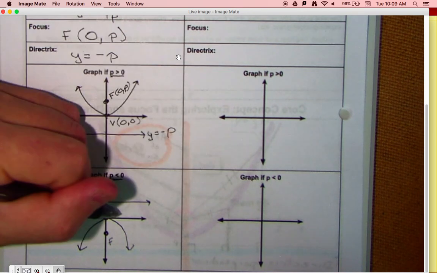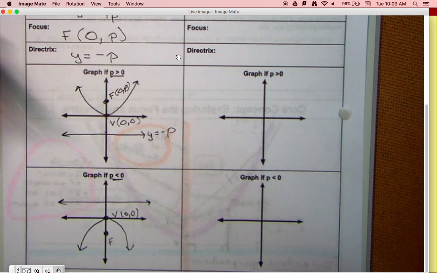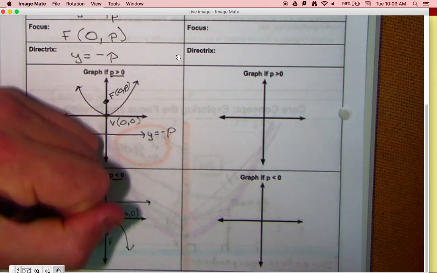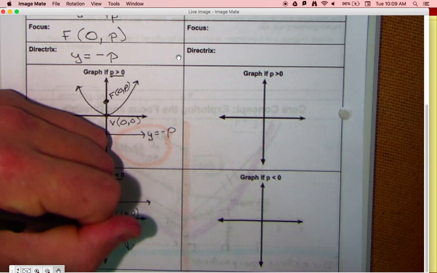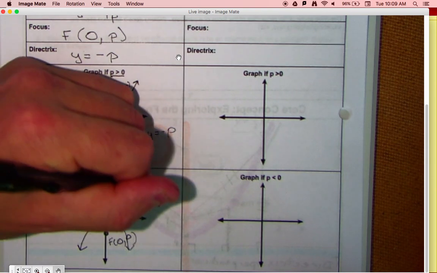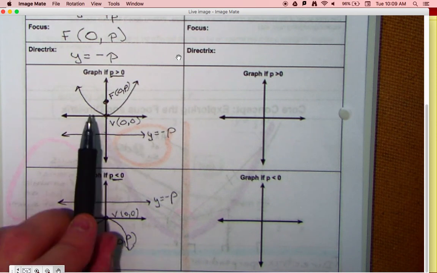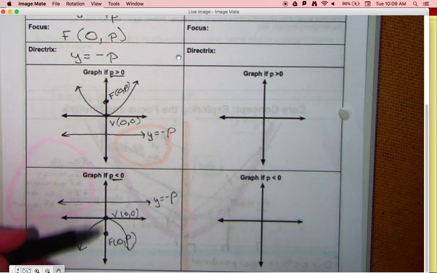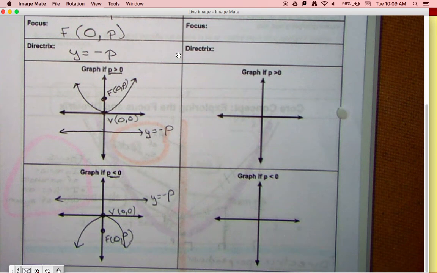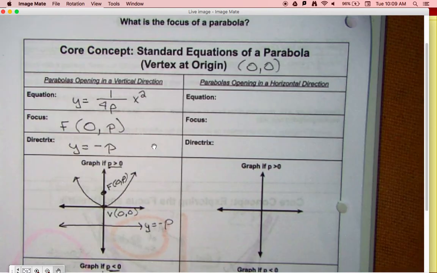We still label everything the same, 0, 0, and this is still 0, p, and this is still y equals negative p. Okay? But the main thing is we know it opens up or down, because then once we have our vertex, we can do our counting. And hopefully that'll make sense when we look at the examples in class tomorrow.